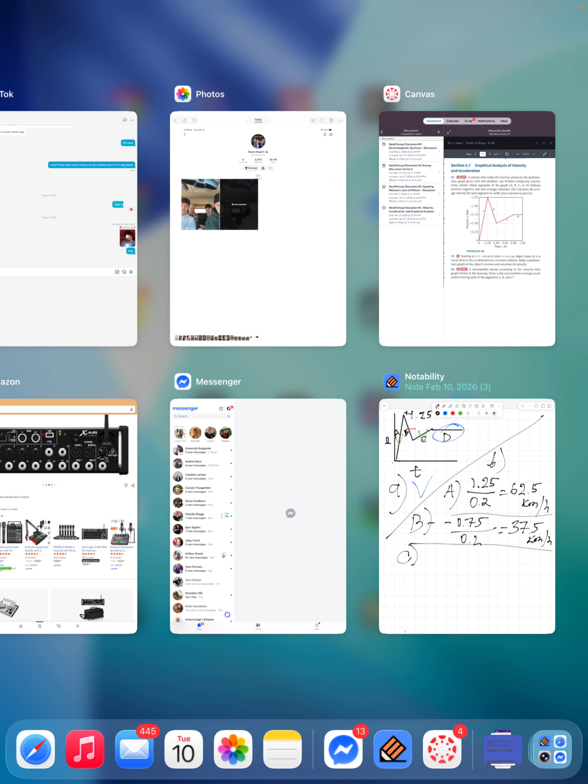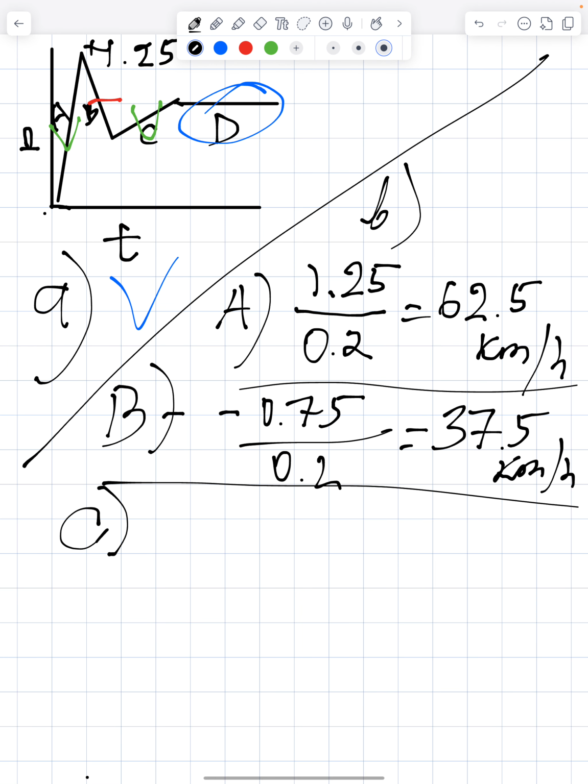Since this is a positive velocity, we'll just put 0.25 and divide it by 0.4.